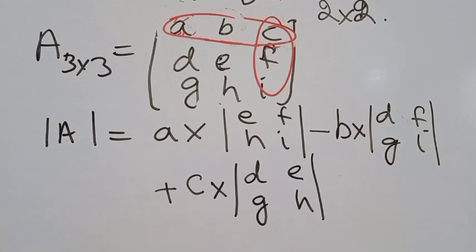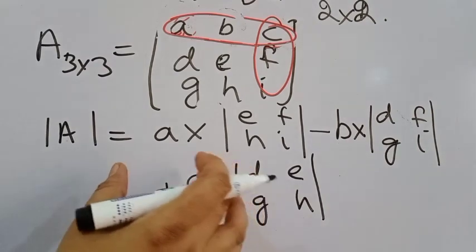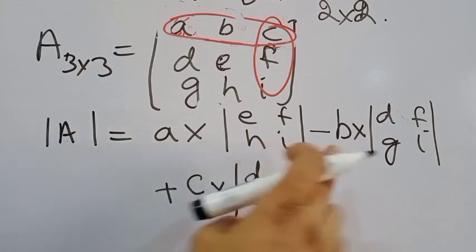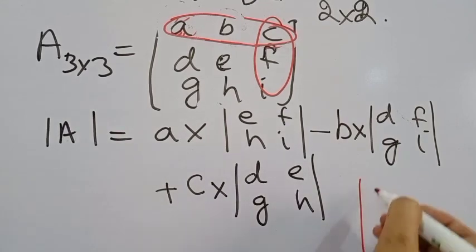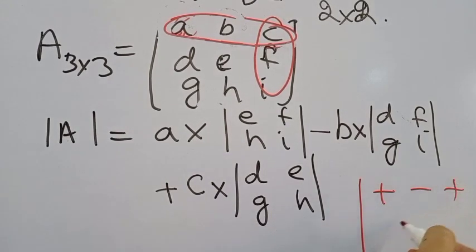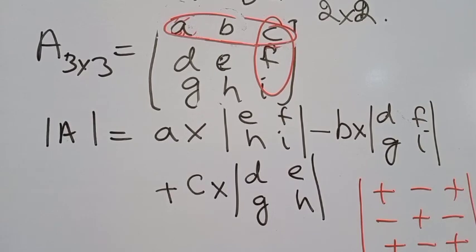It is very important to note that the first element a has a positive sign, second b negative, c positive. This is a rule that determinants have signs in the form positive, negative, positive, negative, positive, negative, and positive, negative, positive. If you learn this rule by heart, you never forget and you never fail in your exam.